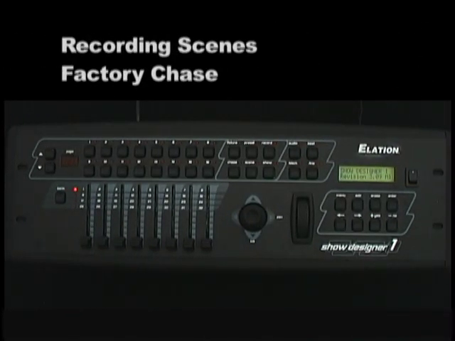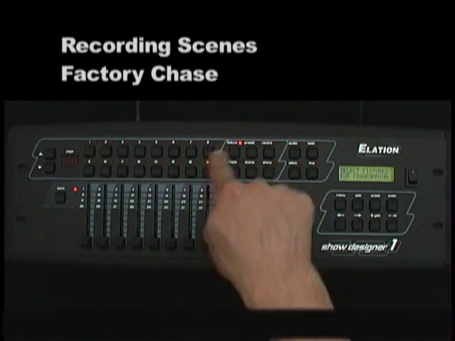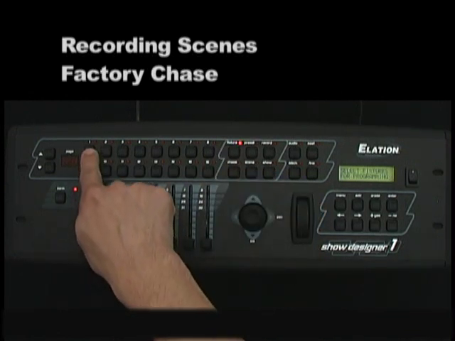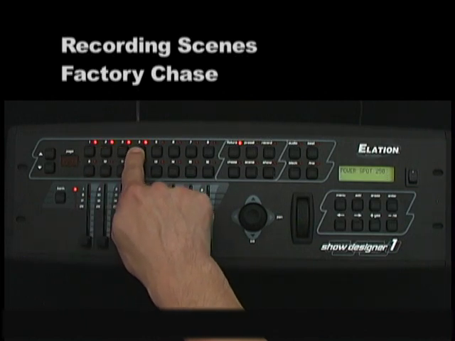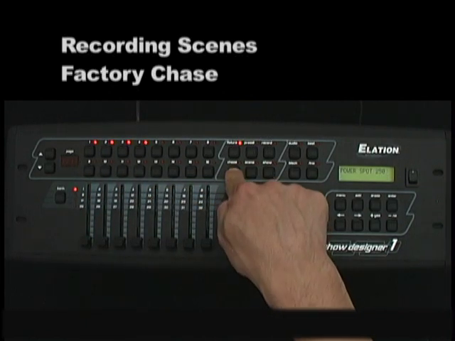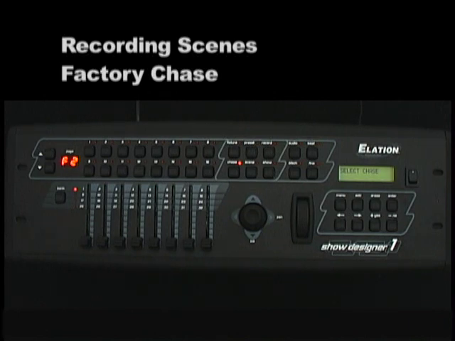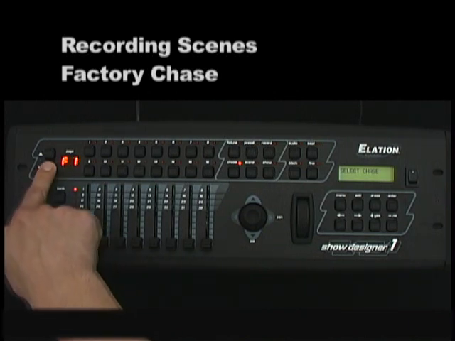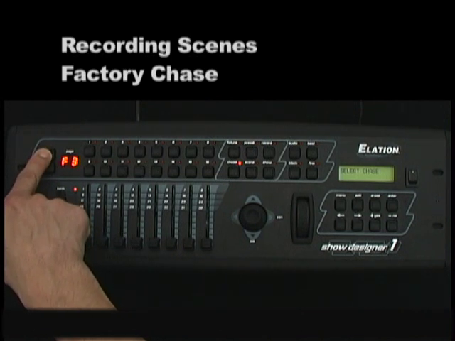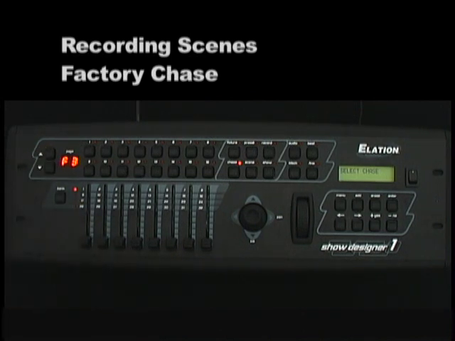To record a scene that incorporates a factory chase, a user programmed chase, or a preset, select the fixtures that you wish to include into your chase. Then press the Chase button. Our factory pages F1, F2, and F3 are for factory built-in movements.